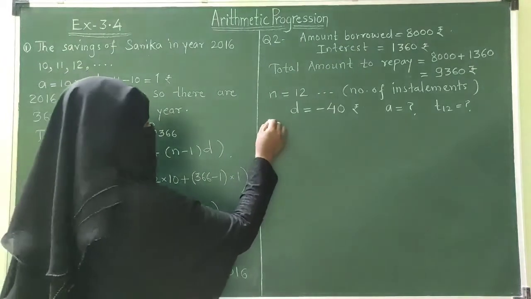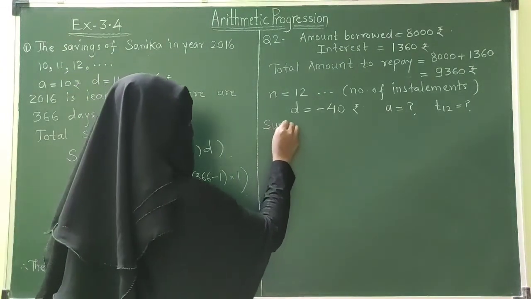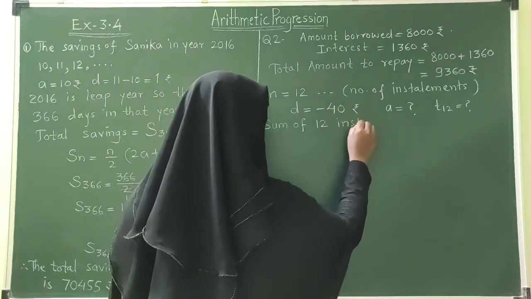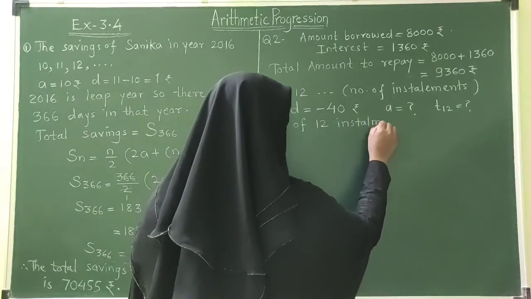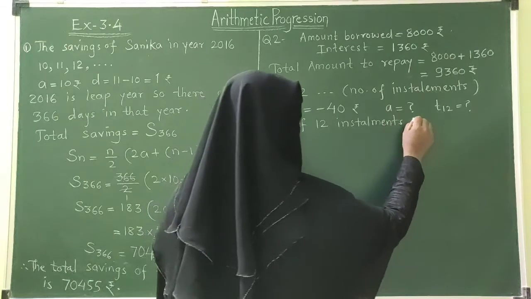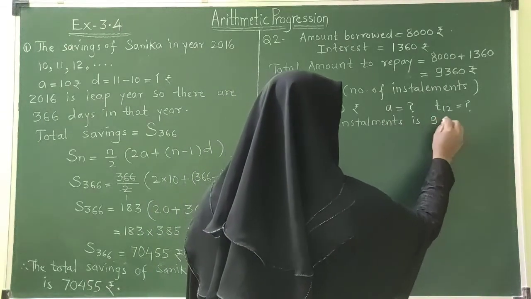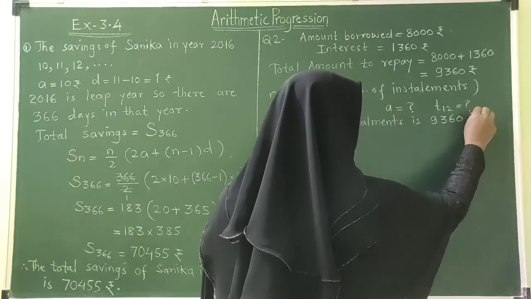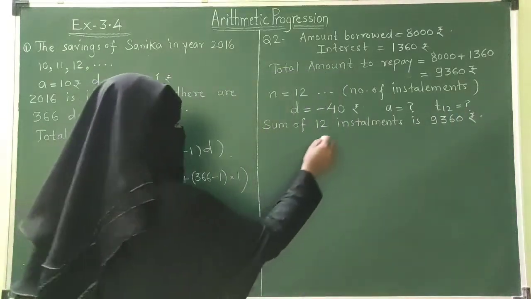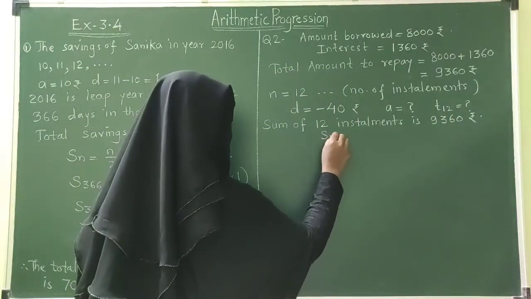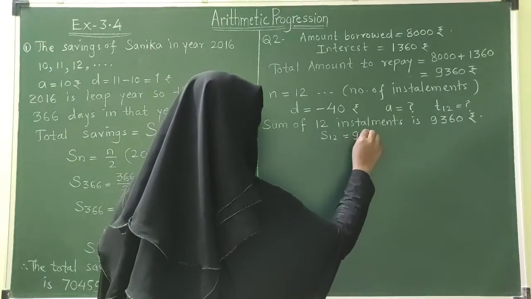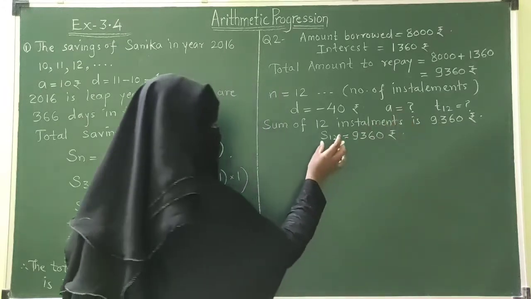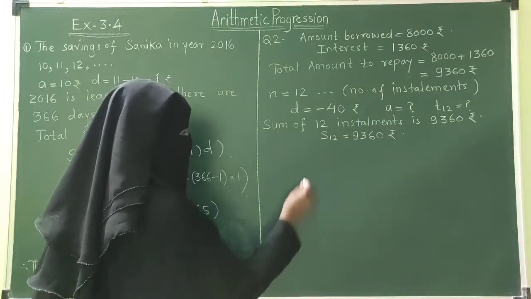Sum of 12 installments is 9,360 rupees. That is S12 is equal to 9,360 rupees. So we have to use the formula for SN.